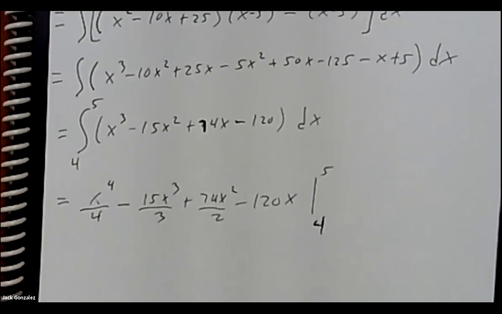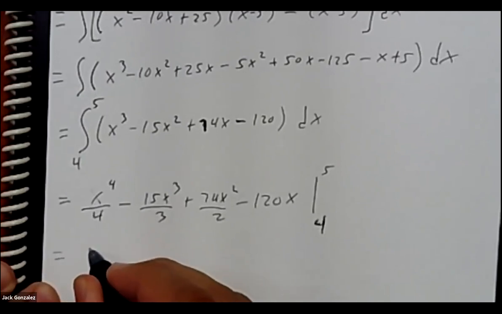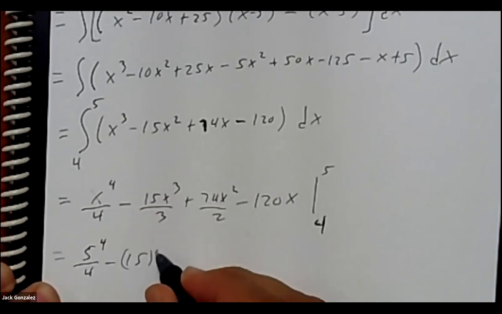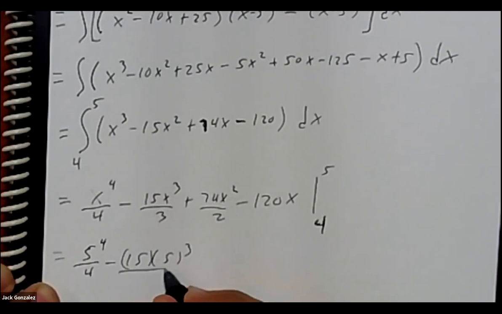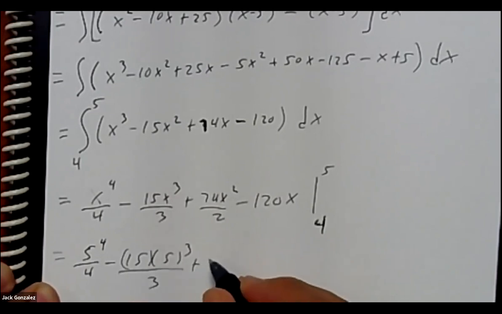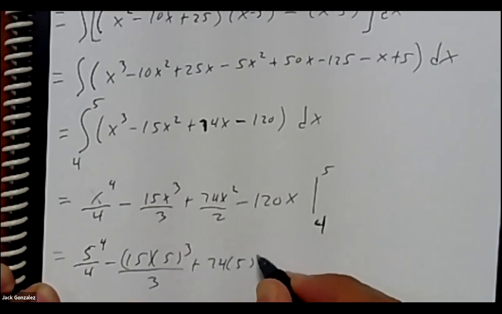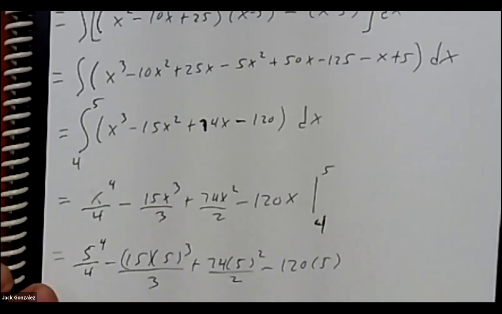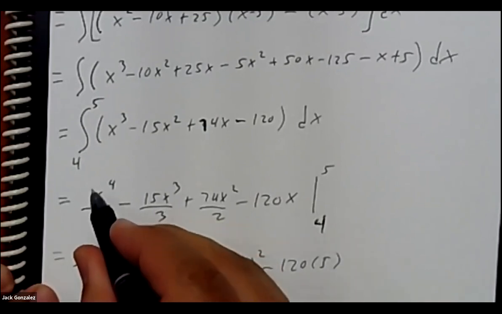So that will be 5 to the 4th over 4 minus 15 times 5 cubed over 3 plus 74 times 5 squared over 2 minus 120 times 5. At this point, I think I would use a calculator. It's getting really gross.